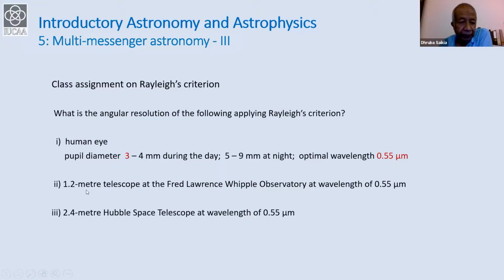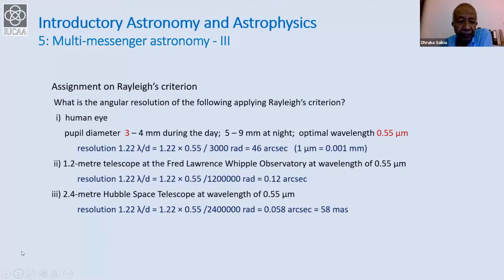Then I've written down values for the 1.2 meter telescope at the Fred Lawrence Whipple Observatory, again at the same wavelength, and the 2.4 meter Hubble telescope. If you apply that formula, you can verify it for yourself later in case I've made any algebraic mistake. For the eye, it's about 46 arcseconds, but it varies, as I said, depending upon day or night.